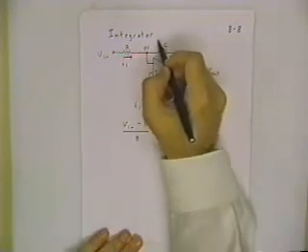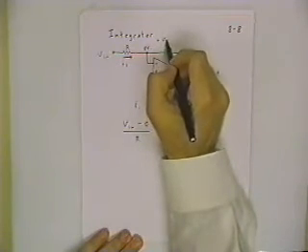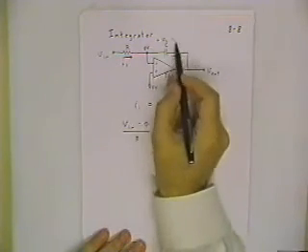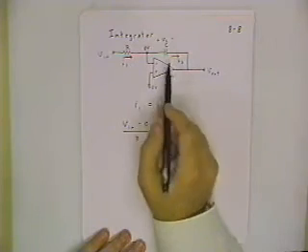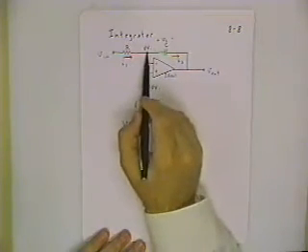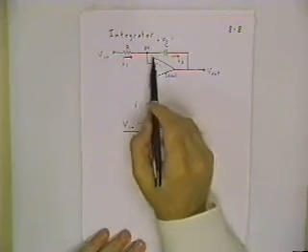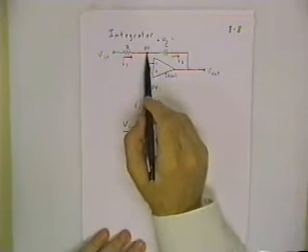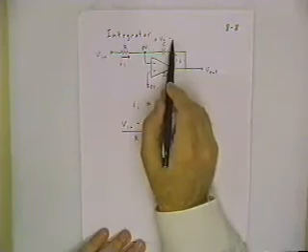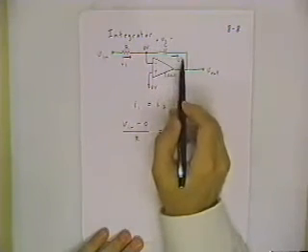We have to be careful with our passive sign convention, so let's say that this is the polarity we're assigning to the capacitor voltage, and that means we're assuming the 0 volt node is at a higher potential than the output. It doesn't really matter whether it truly is at a higher potential or not, as long as we set up a convention and we stay consistent with that.